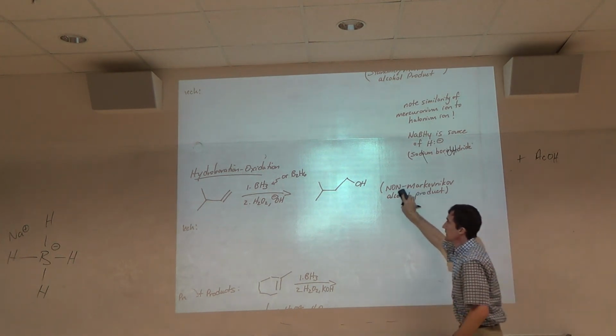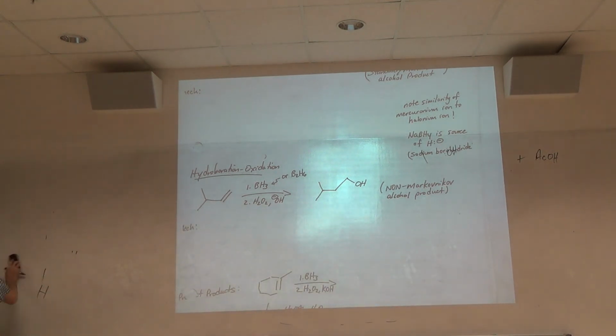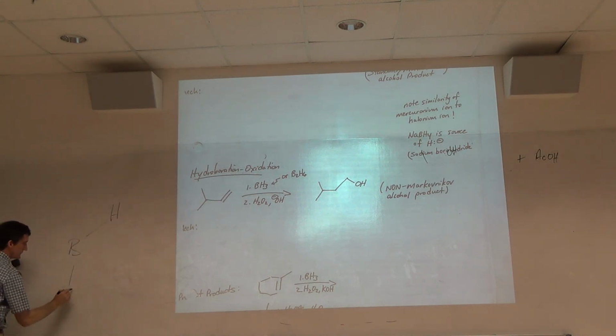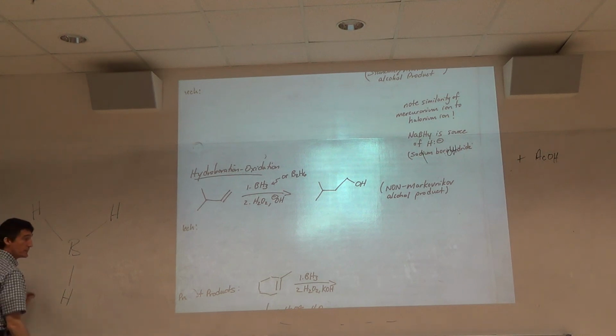Would BH3 be relatively non-polar? BH3 is what hybridization? Is there a lone pair? Where's boron on the periodic table, period 2? Four, carbon. I mean, what group? Group 3.